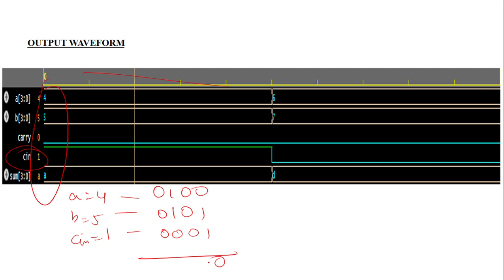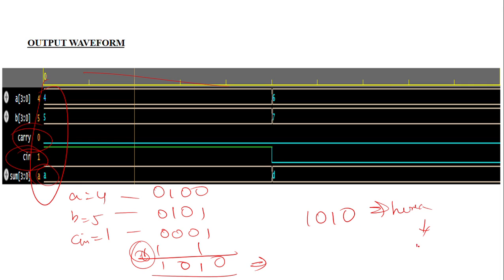So here we get 0, 1 and then 0 carry with 1, 1, so 1, 0, 1, 0. We have to convert this 1, 0, 1, 0 into decimal format. There is no carry generation here, that's why the carry will be 0. The output will be represented by A. So you can convert this binary format to hexadecimal. Using weights 1, 2, 4, 8: 0 plus 2 into 1 is 2, 0 plus 8 into 1 is 8, so that is our 10.